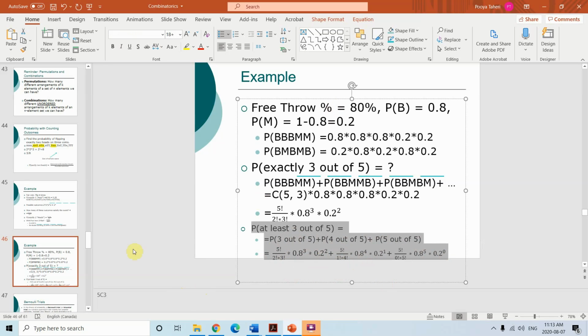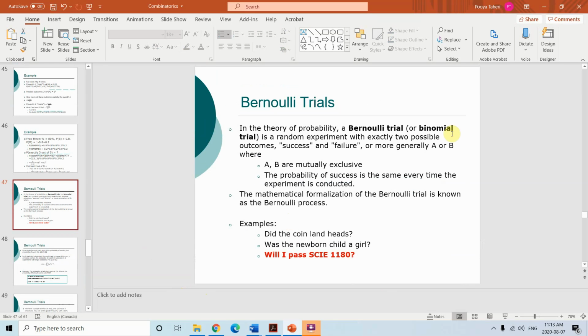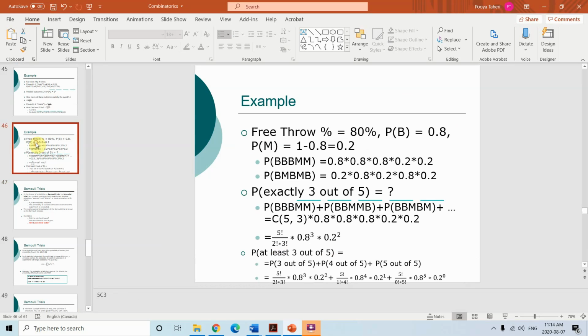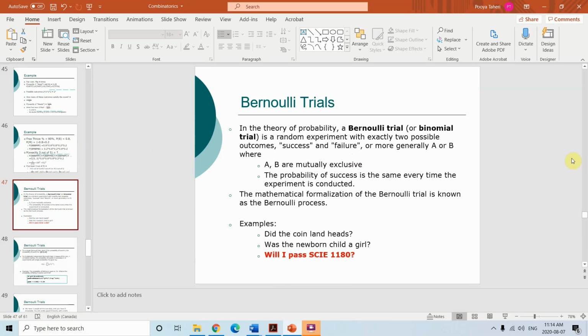This example that we just did is a general example of a Bernoulli trial. In the theory of probability, a Bernoulli trial, or binomial trial, is a random experiment with exactly two possible outcomes. So here it was basket or miss, or fail or pass, right?